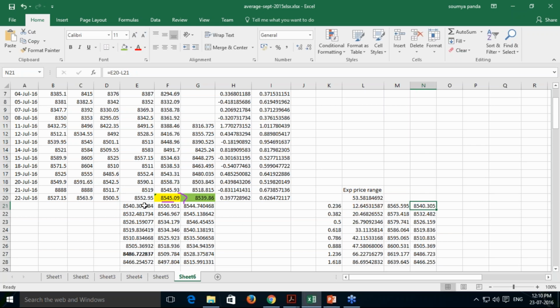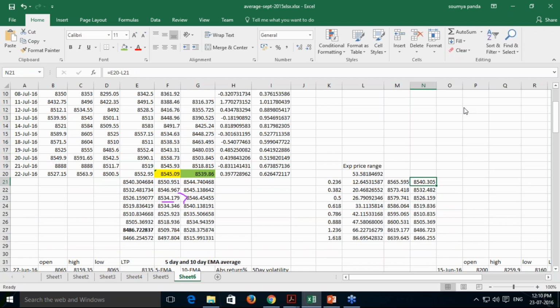And after taking this, I'm putting one condition here: if my price on a daily basis starting from Monday is closing at any of these Fibonacci downtrend price points, or near to that, a couple of points up or down, then how does it impact the 5 days and 10 days moving average.